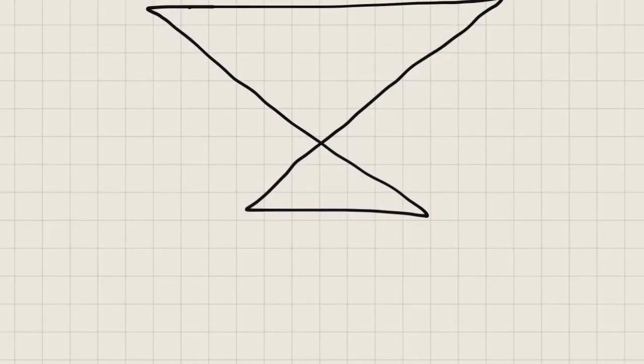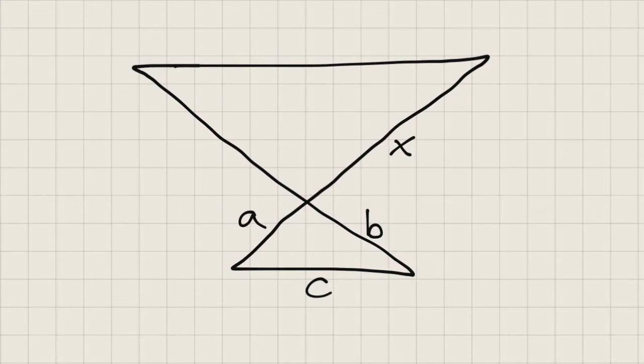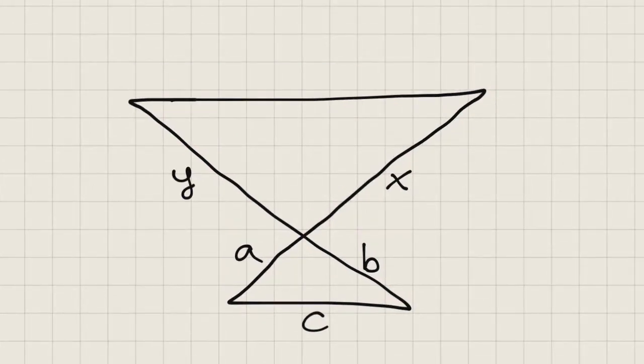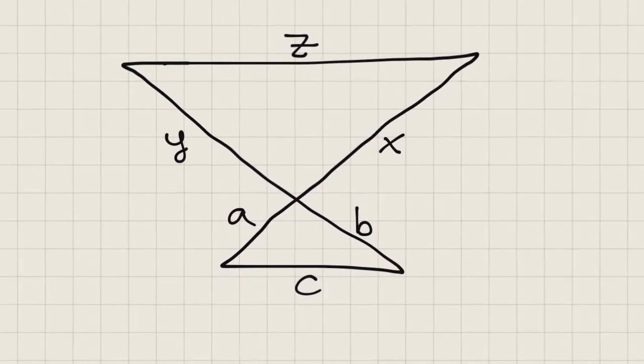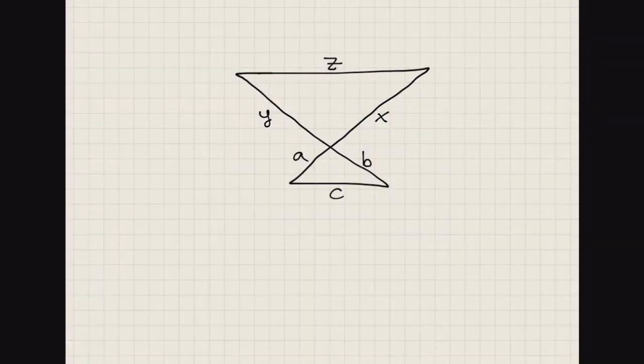Let me label these: A, B, C, X, Y, Z. I will tell you that the following sides are proportional. A is proportional to X, B is proportional to Y, and C is proportional to Z.